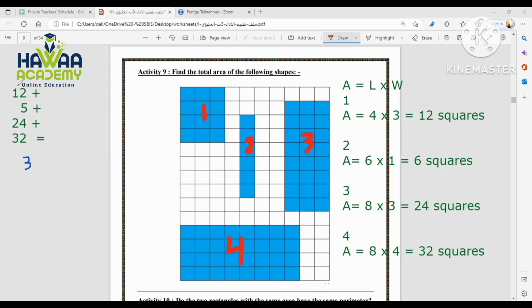Here is 3 and 1. 1 and 1 is 2. 2 and 0 is 2. 2 and 2 is 4. 4 and 3 will be 7. So there are 74 squares. Easy, I believe it is.